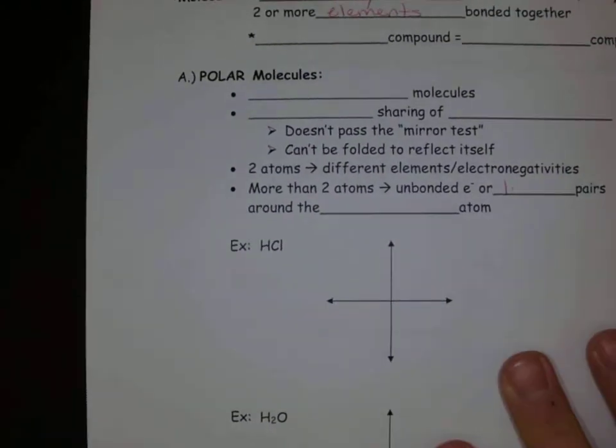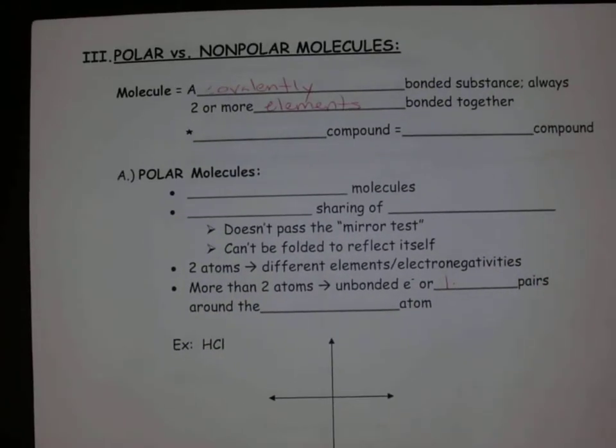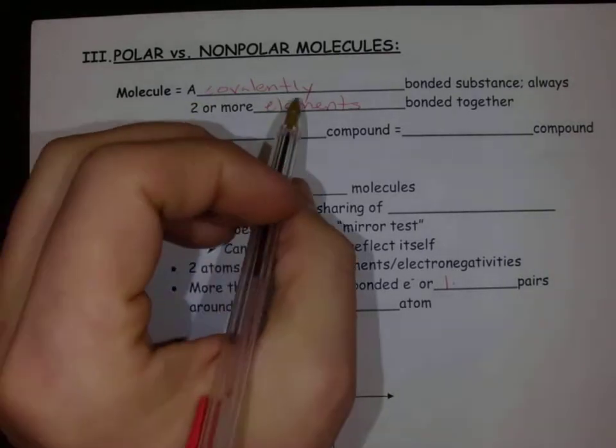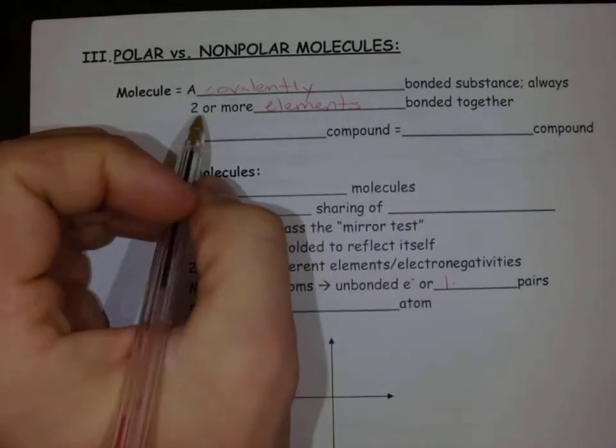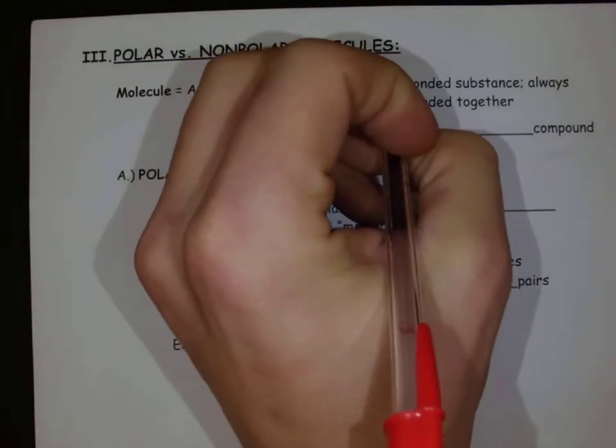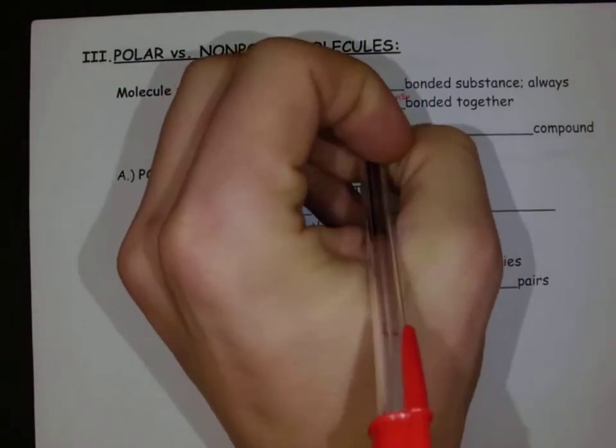So if we go to our note packet, and we go to this page here, the polar versus nonpolar molecules, we have two different types of covalent compounds. A molecule is a covalently bonded substance, always two or more atoms or elements bonded together.